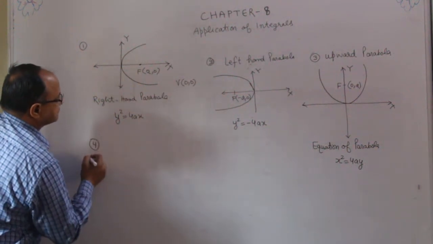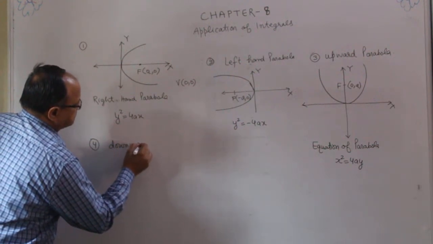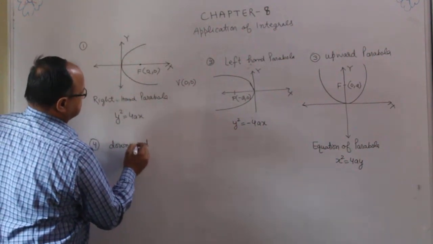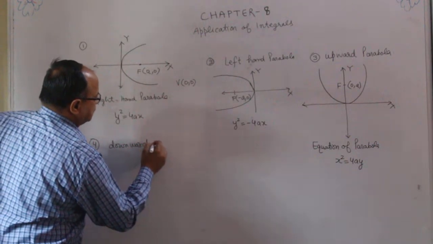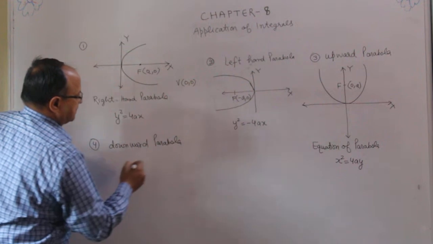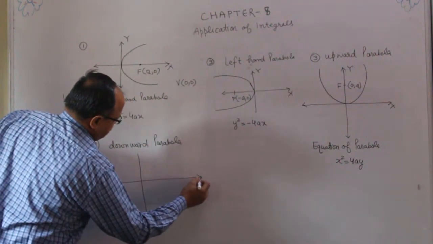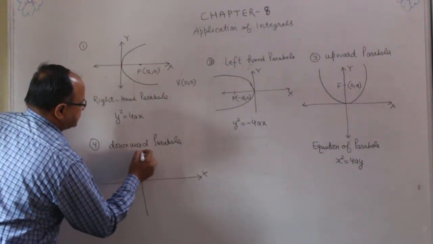And fourth, the downward parabola. X-axis, this is y-axis.